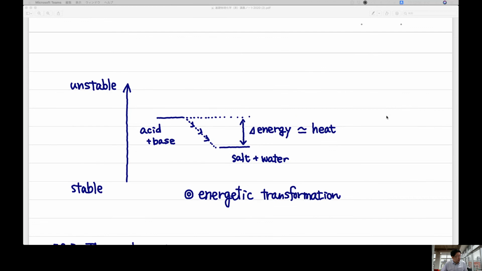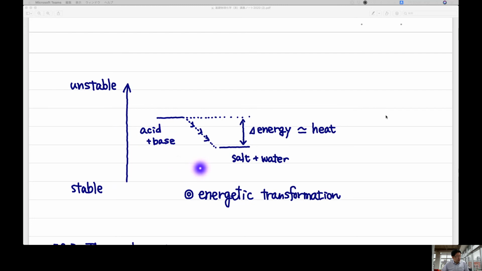So this is one of the understanding charts for the heat from the acid-base reaction. The y-axis is the stability of the chemicals. The acid and the base are the unstable form of the compounds.